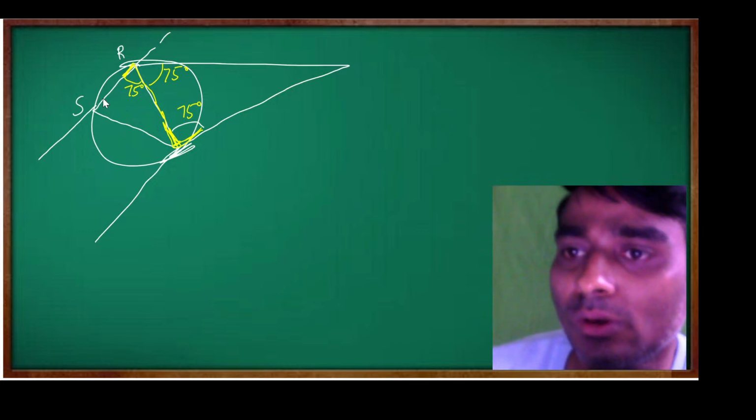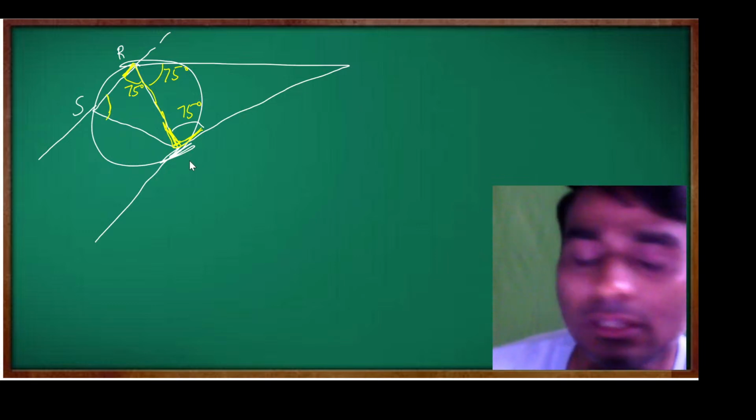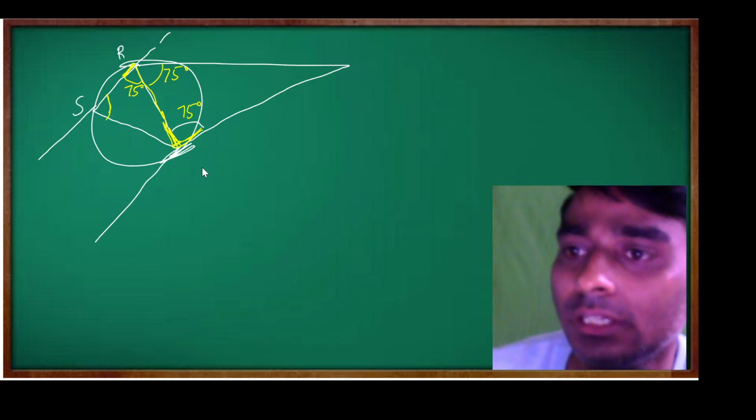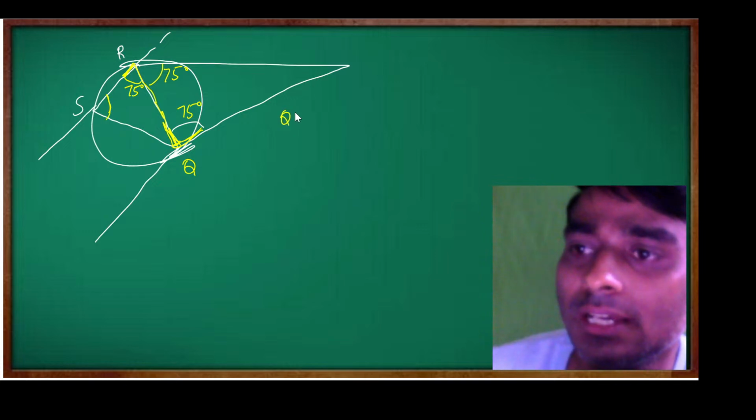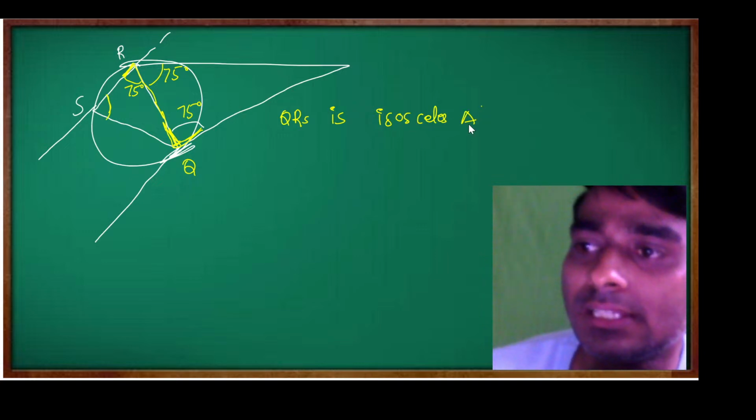Now you want to get to know how this is 75, right? So this triangle given here, QRS, where is our Q? Here, this QRS is an isosceles triangle. QRS is which triangle? Isosceles triangle.